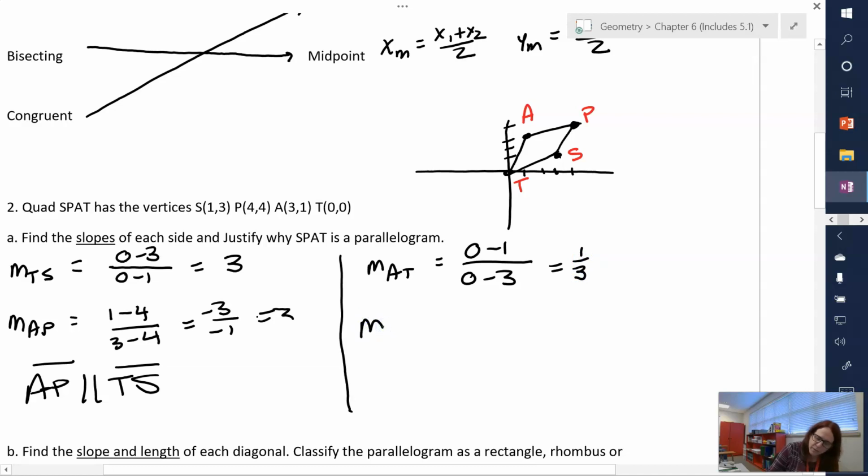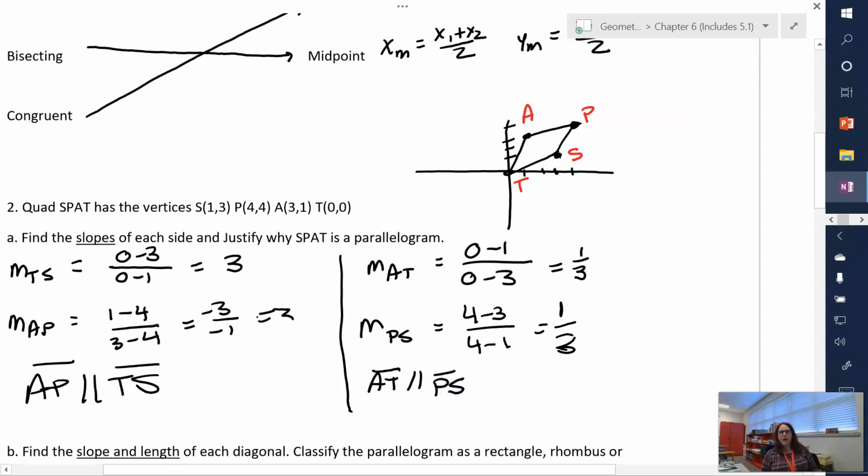And then the slope of PS is going to equal 4 minus 3 over 4 minus 1. And I get a 1 over 3. So therefore, AT is parallel to PS. And since I've got opposite sides parallel, I have a parallelogram.